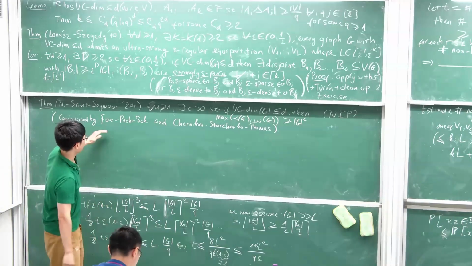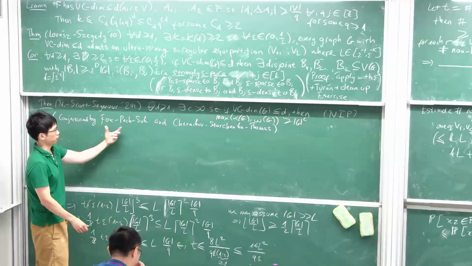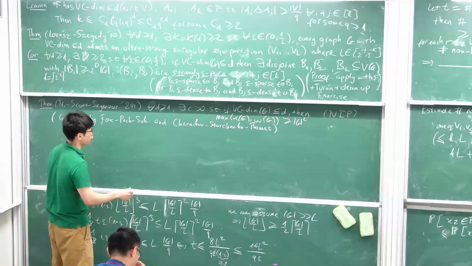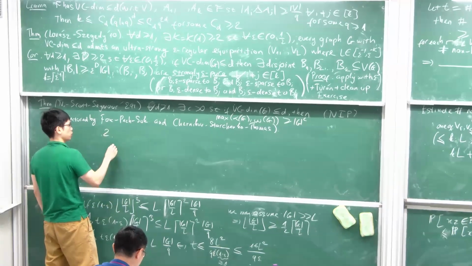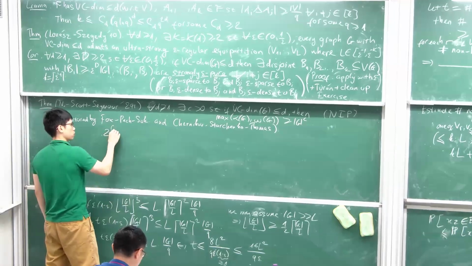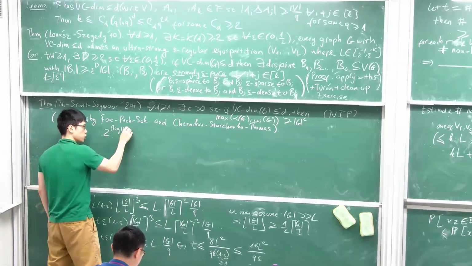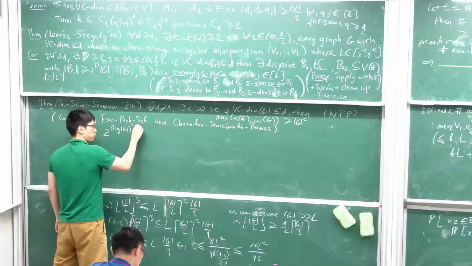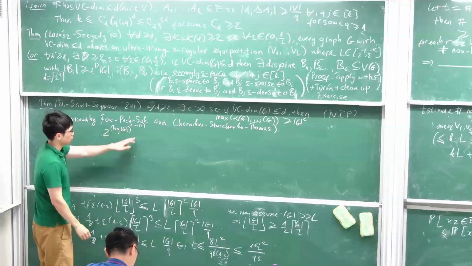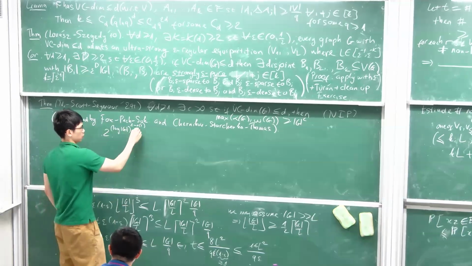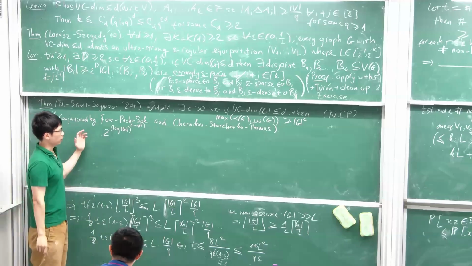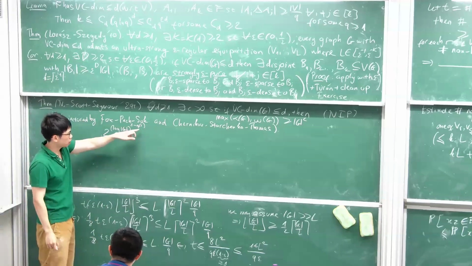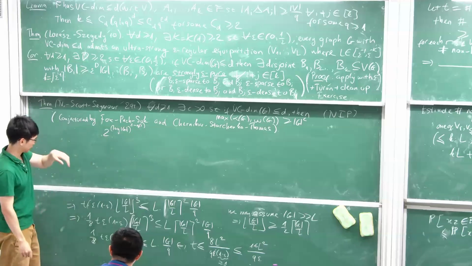In the same paper, they also got a pretty nice bound, which was 2 to the power of log |G| raised to the power of 1 minus o(1). Here, the constant depending on the VC dimension is hidden in the little o(1) term.